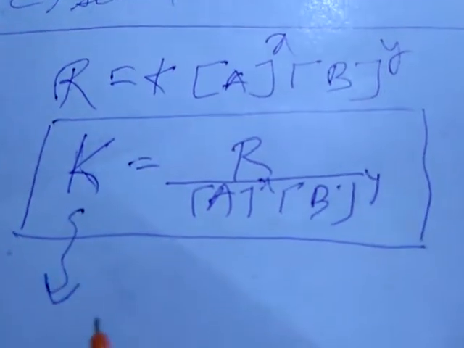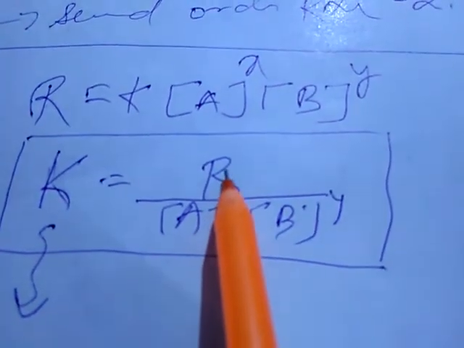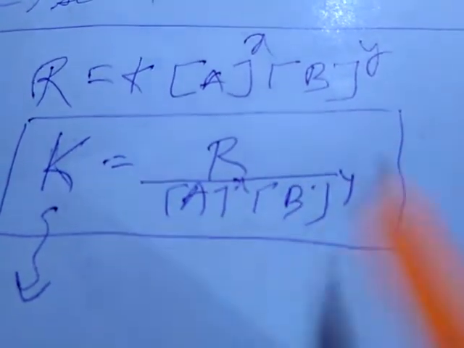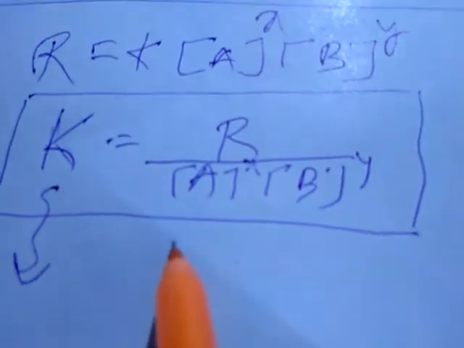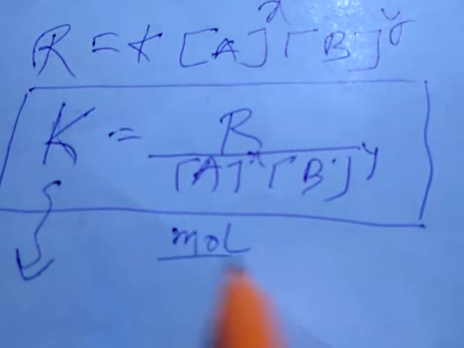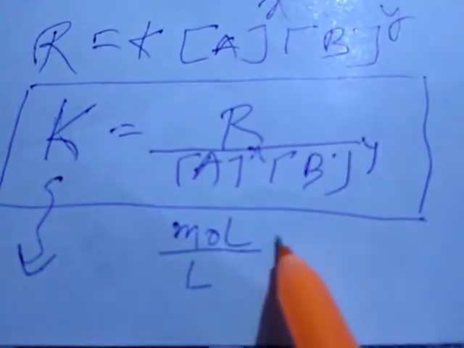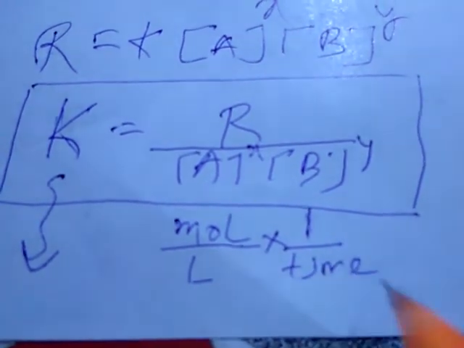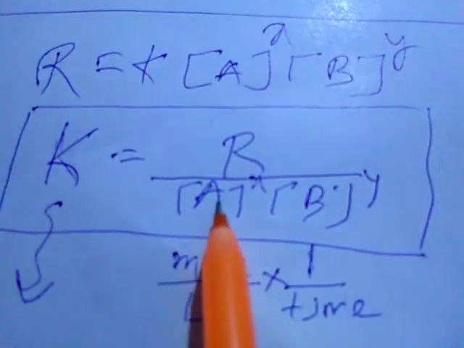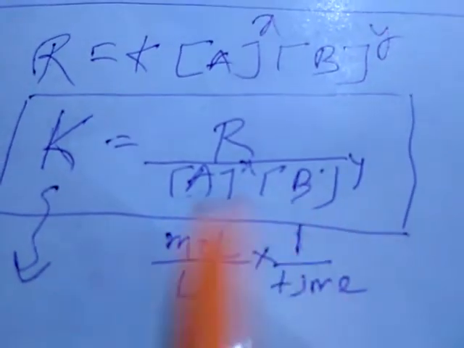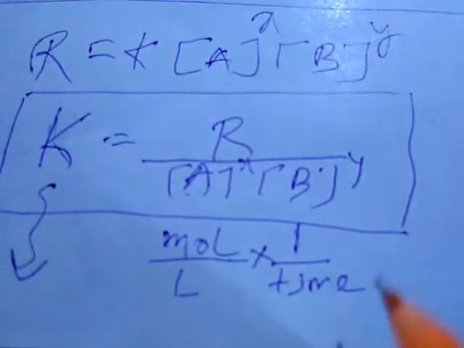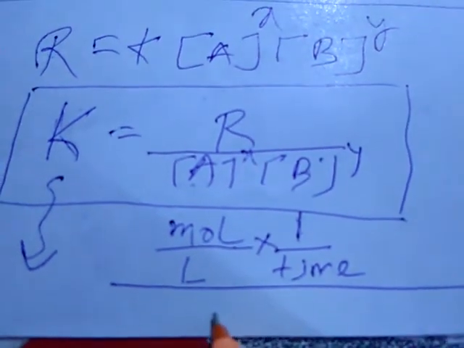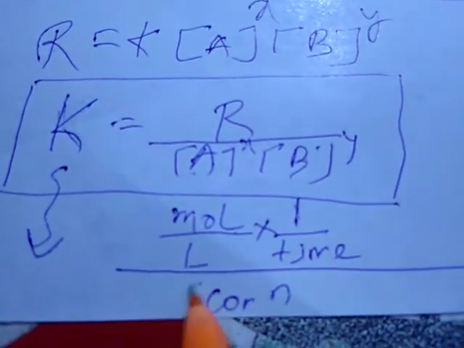Now coming to the unit of rate constant, it is found with the help of the unit of rate of reaction and the unit of concentration. The unit of rate of reaction is mole per liter per time. It may be in second, minute, anything else. And here A and B are concentrations, raised to some power.